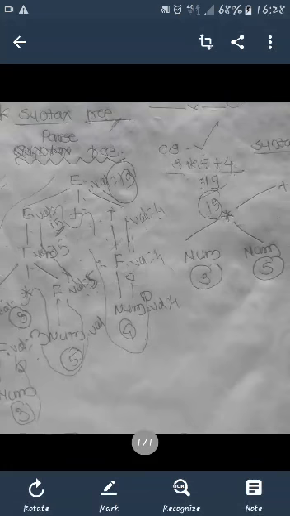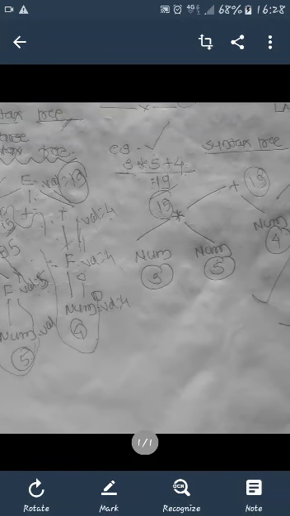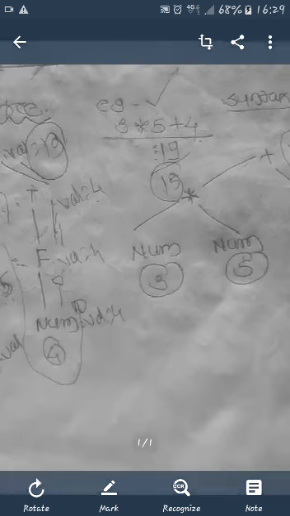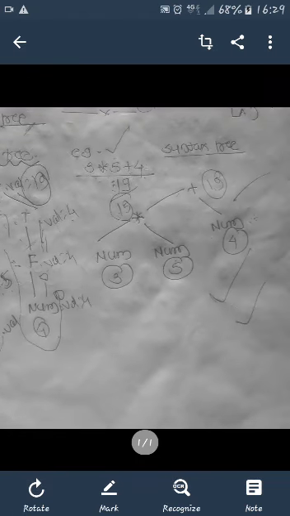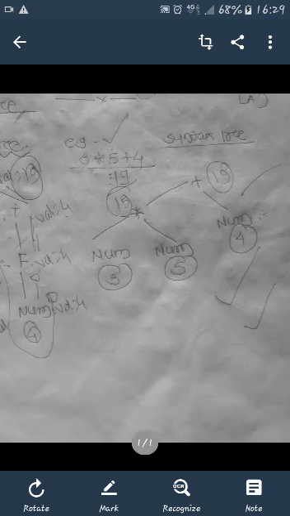Here we have the example of 3 into 5 plus 4. Number into number means 3 into 5, what will we get? We will get 15. This is not our final answer, but we have next a number given to F and F given to T. So here we directly have the number 4. So 15 plus 4 is your 19.